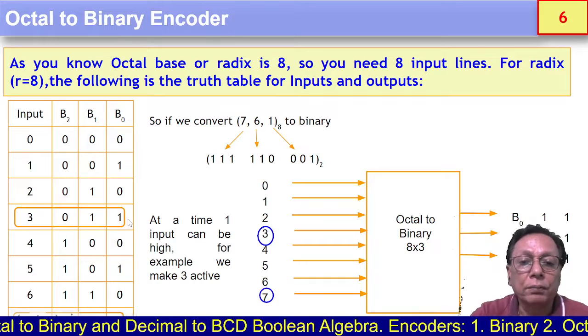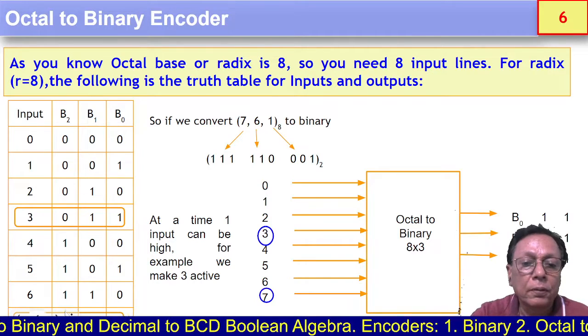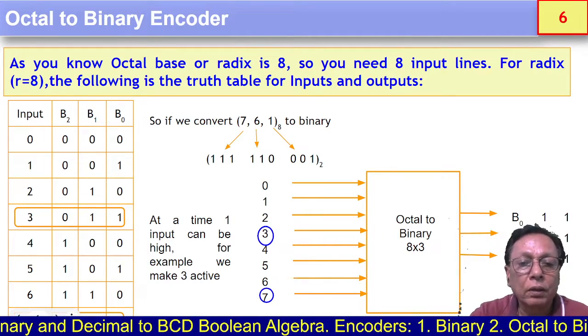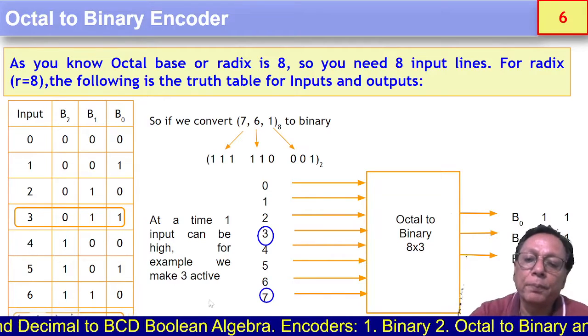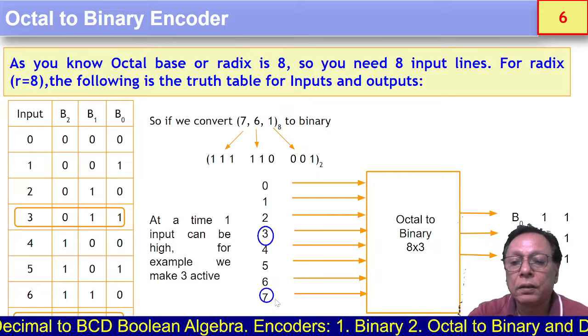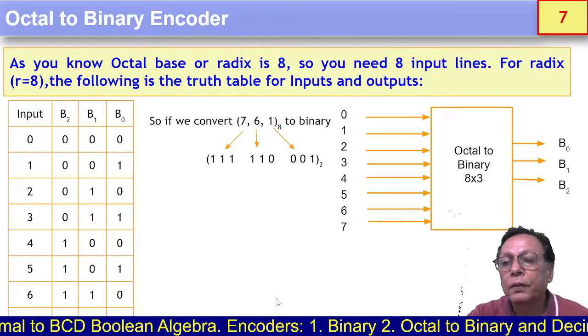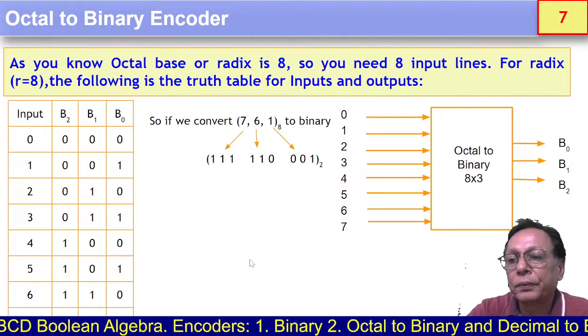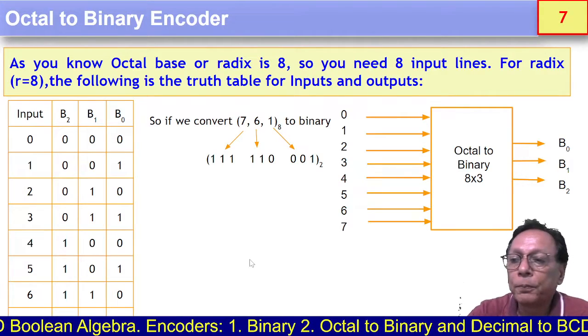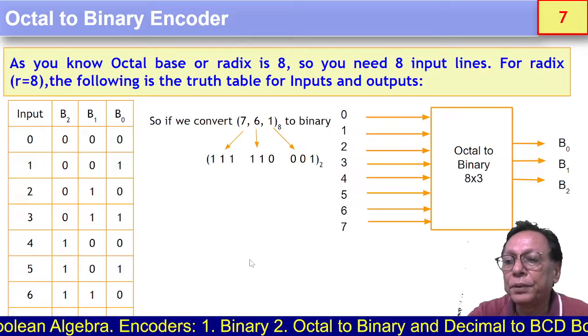B2, B1 or B0 could be high, and you get the output 7. See here, I'm going to take the outputs B0, B1 and B2.